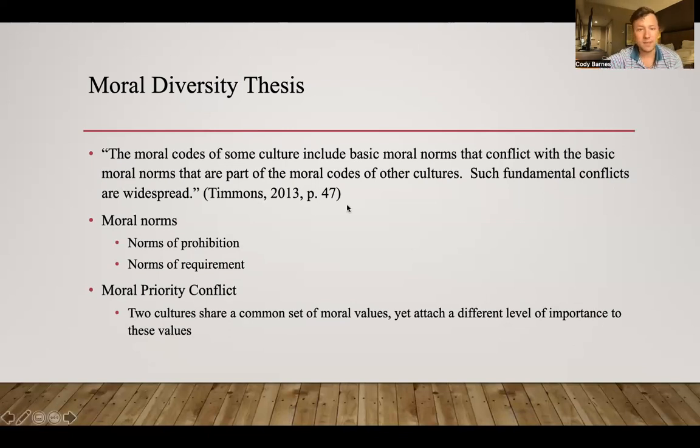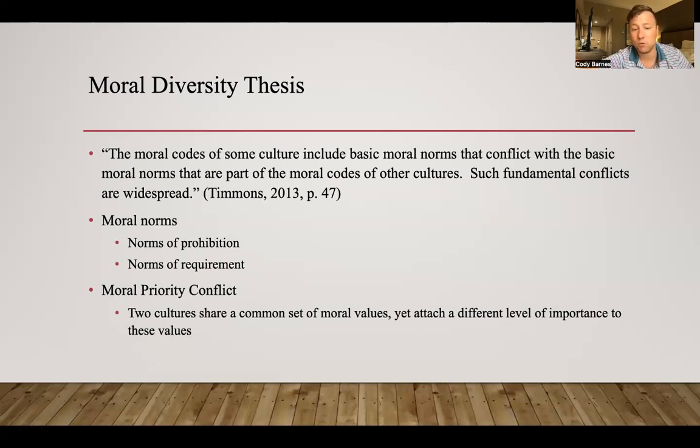So this bleeds into what is a moral norm. There are norms of prohibition and norms of requirement. So basically, there are norms of what is bad and norms of what is good. And a lot of cultures have a moral priority conflict, meaning they may see something as morally valid, but they attach a different level of importance to this value, meaning the severity.